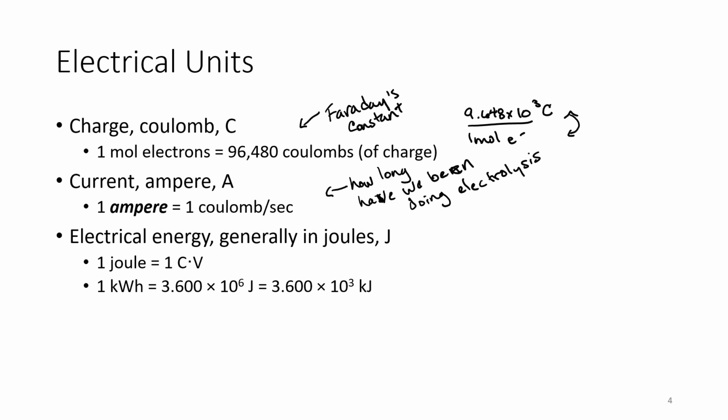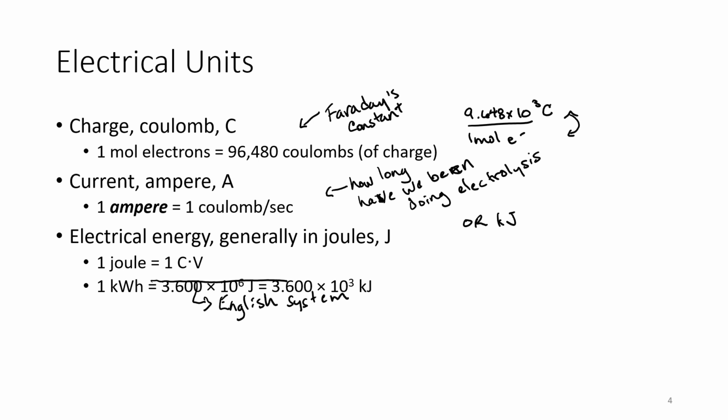All right, and then lastly, we have our electrical energy on here, which we usually are going to say is in joules, or of course, we could do this in kilojoules. We could also say that we could have kilowatt hours, right? Kilowatt hours. This is the English system.